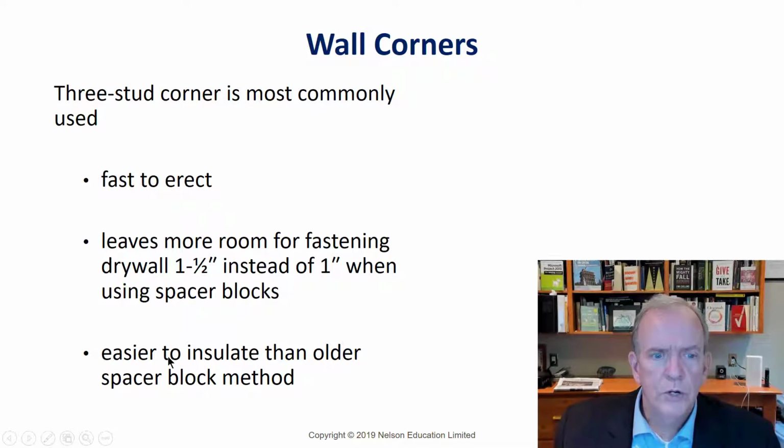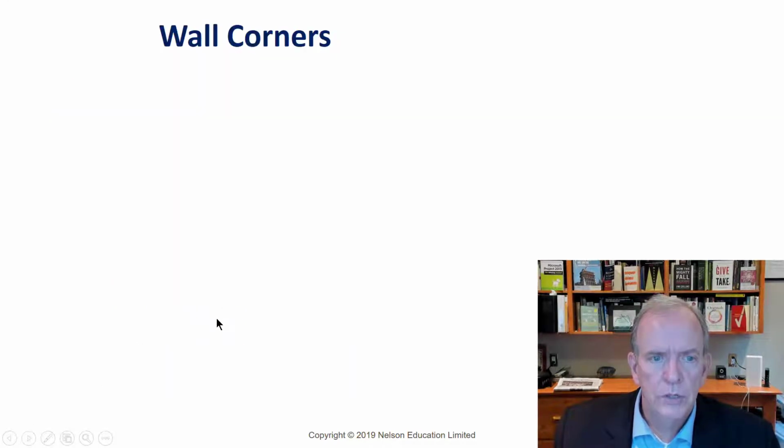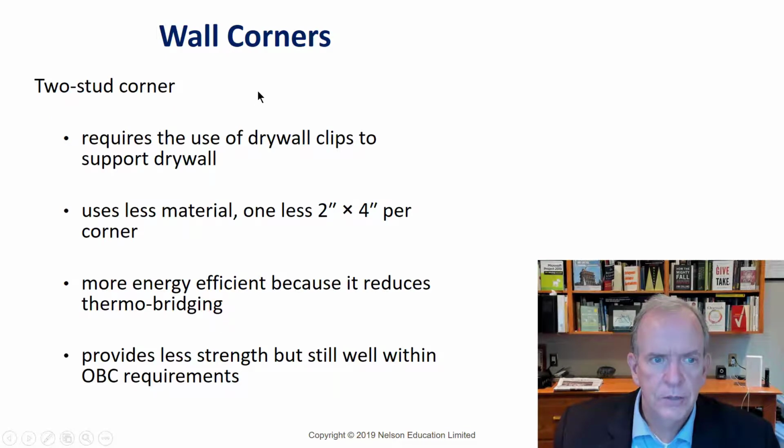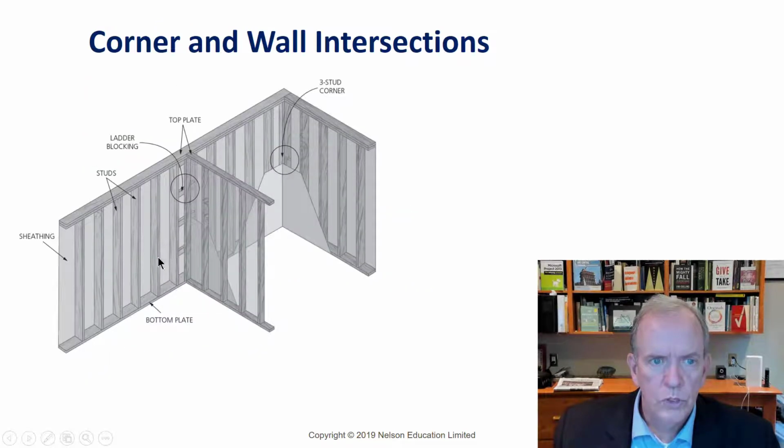So how do we do the corners? We usually do the corners so that we can fasten drywall in the inside corners, and so that it's easy for us to do it. There are different ways of doing it. There's 2 stud corners, there's 3 stud corners. Usually the methodology we utilize is based on the ability to fasten the drywall on the inside, so we've got something to screw it to.